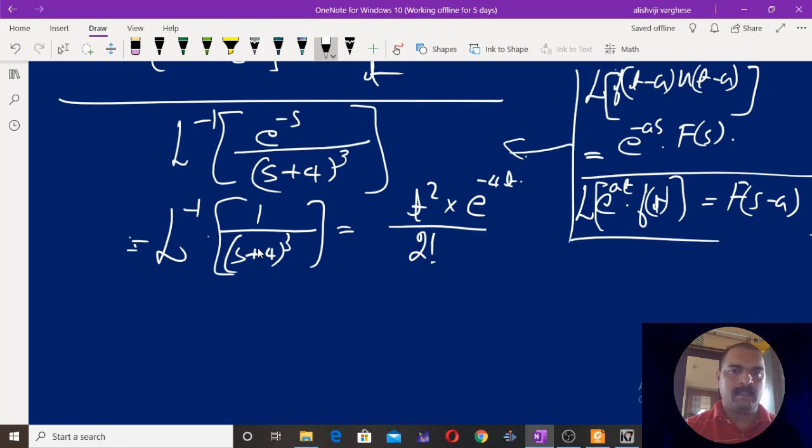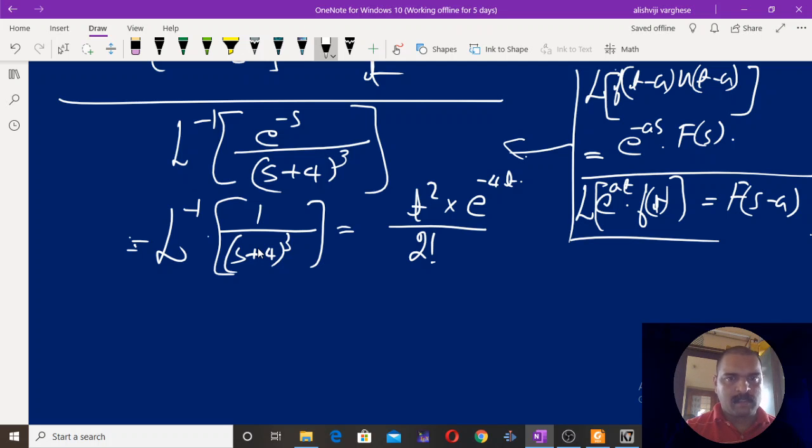So t square has Laplace transform of 2 factorial divided by s raised to 2 plus 1, that is s cube. And in that s cube, s is replaced with s minus minus 4, so we have e raised to minus 4t. That is due to the first shifting theorem.